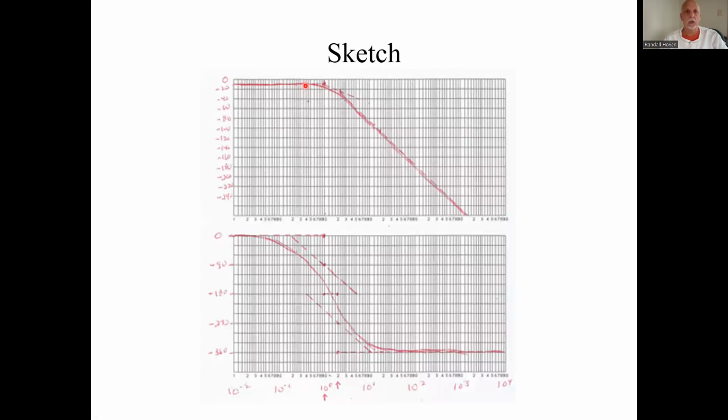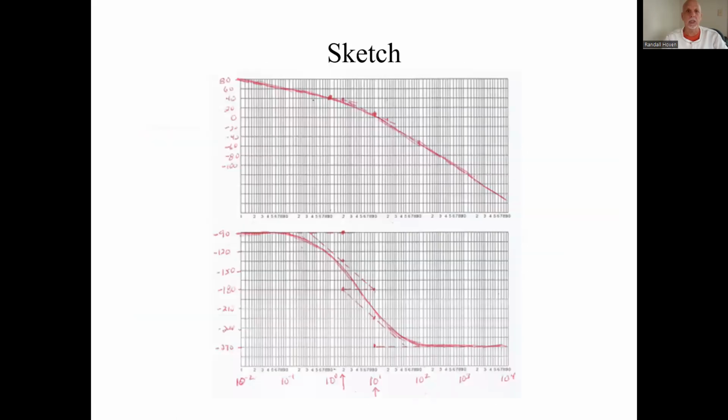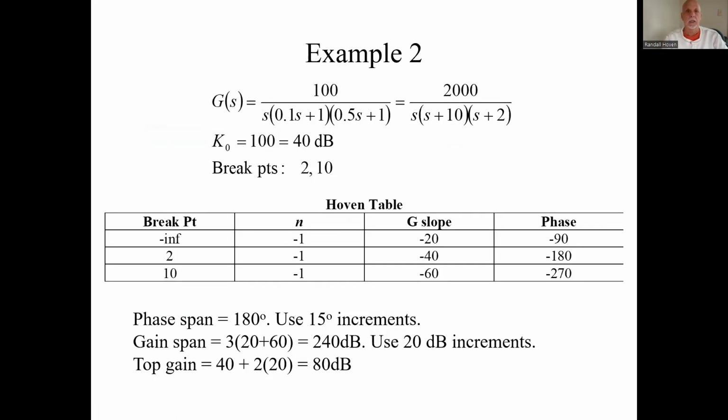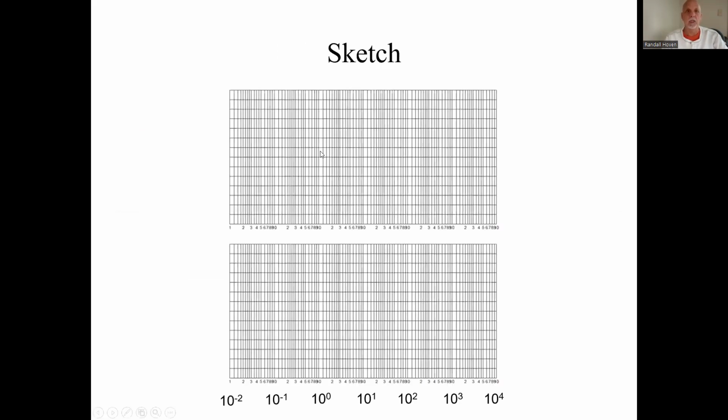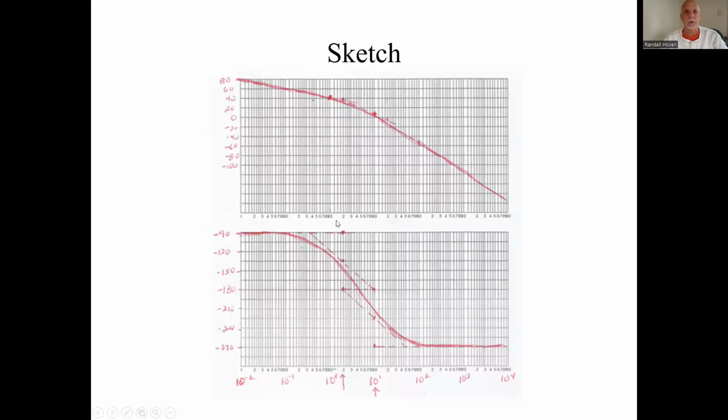By the way, how do we know where to put this dot? It's K sub 0. Here it was minus 12. In the previous chart, our K sub 0 was 40 dB. That's how we got this point at omega. It's always 10 to the 0, or omega equals 1.